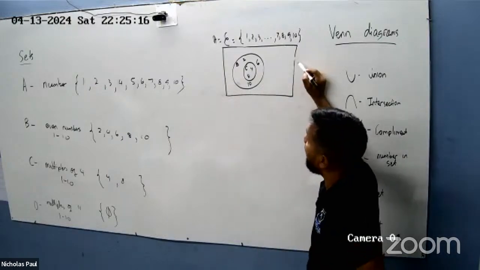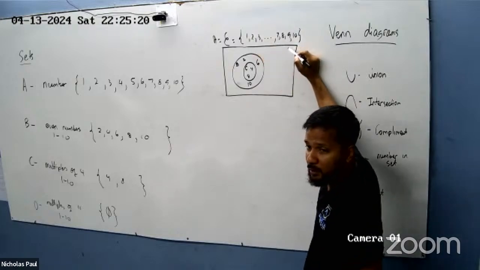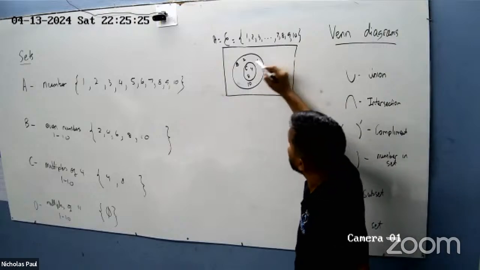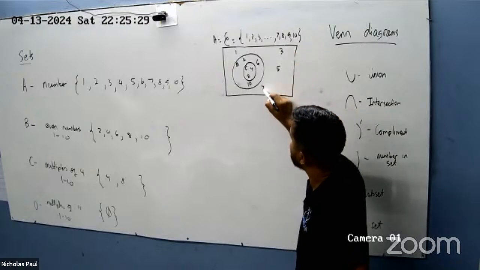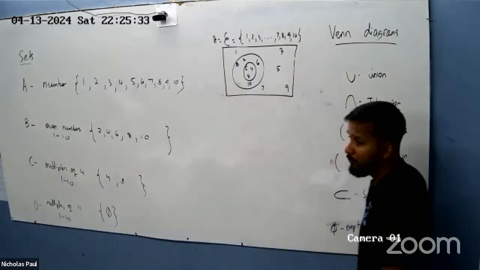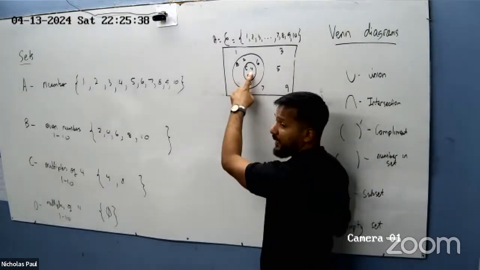Where do I put the other numbers, 1, 3, 5, 7, 9? Outside B, but inside here. So you can put 1, 3, 5, 7, 9. You follow why I had to put C in here?